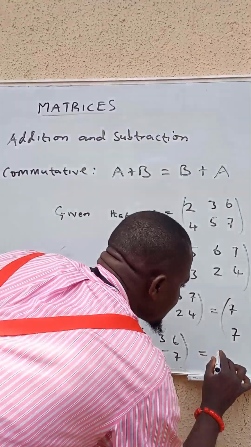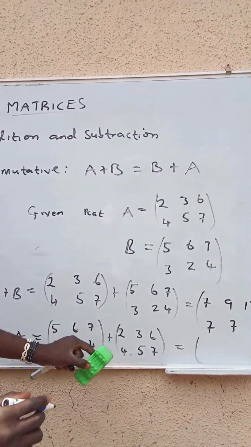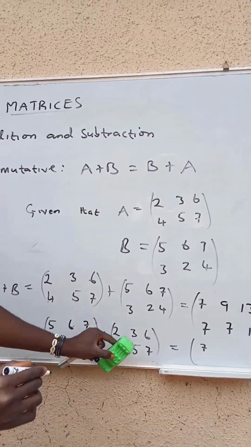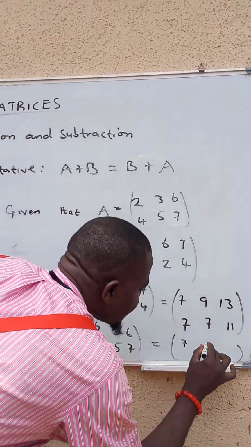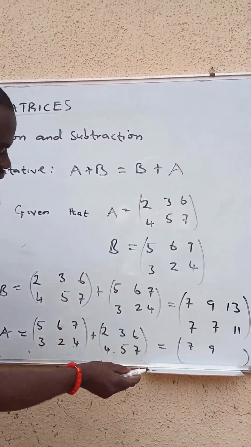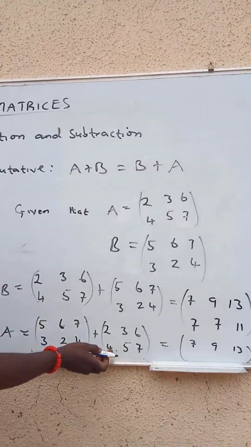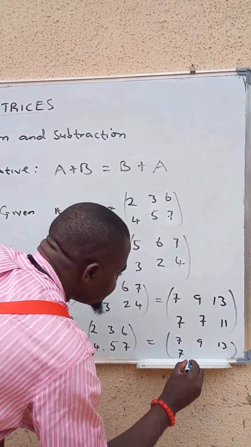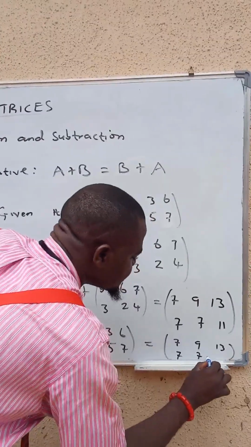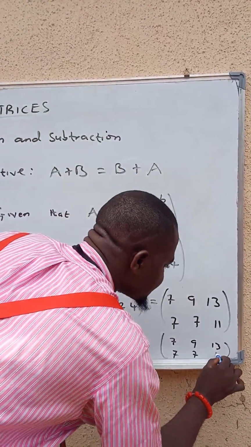Now let's go with it and see. 5 plus 2 is 7. 6 plus 3 is 9. 7 plus 6 is 13. 3 plus 4 is 7. 2 plus 5 is 7. 4 plus 7 is 11.